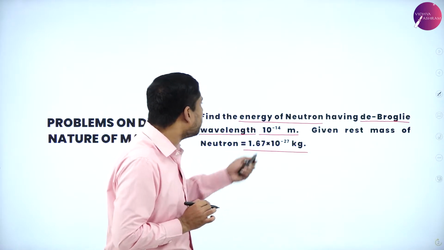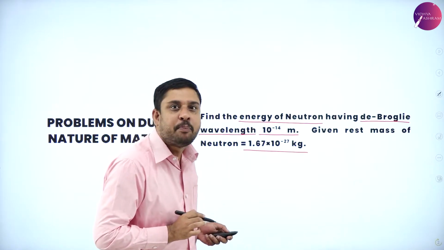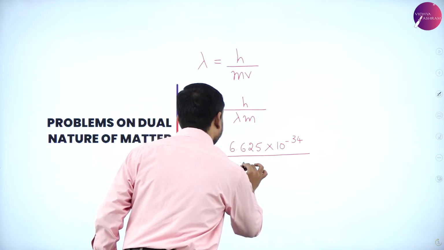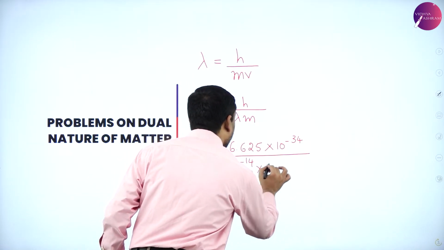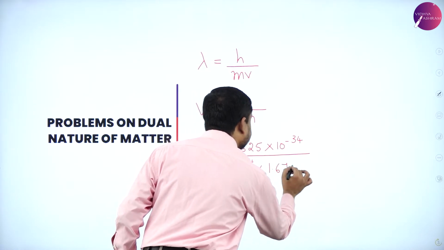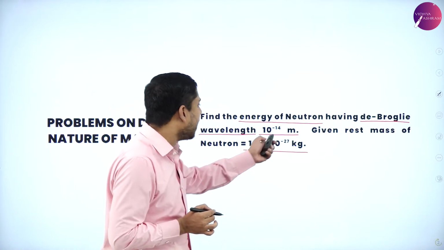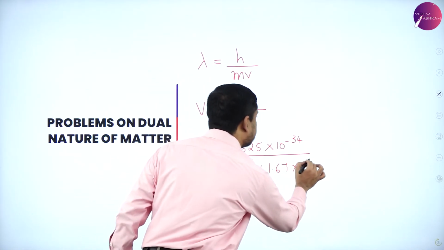How much is the de Broglie wavelength? 10 power minus 14 into 1.67 into 10 power minus 27 kgs.